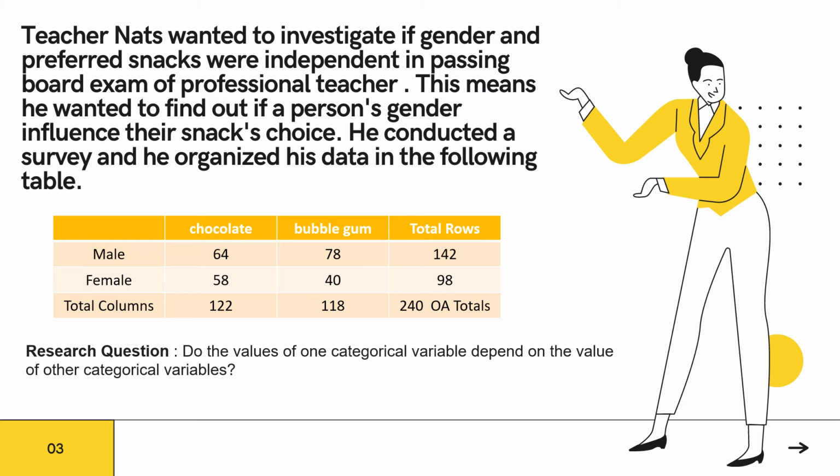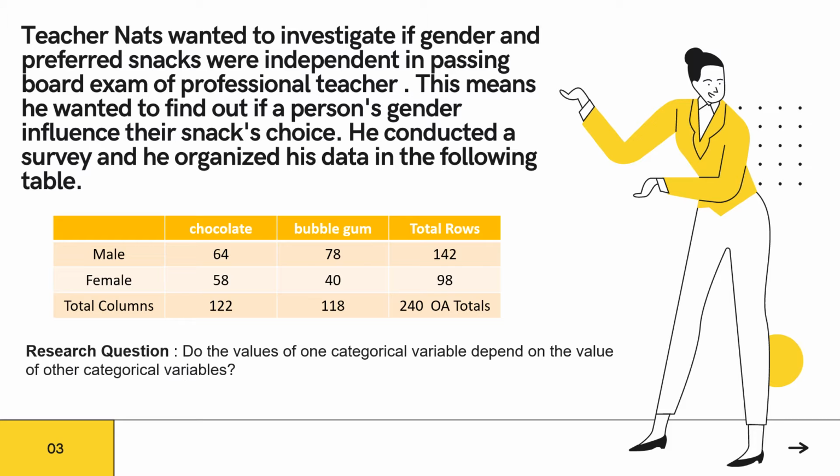Teacher Nuts wanted to investigate if gender and preferred snacks were independent in passing the board exam of professional teachers. This means he wanted to find out if a person's gender influenced their snack choice. He conducted a survey and organized his data in the following table. Again, this is self-made.